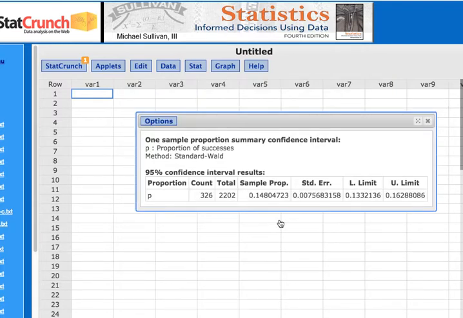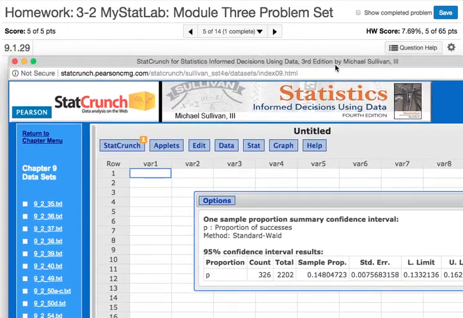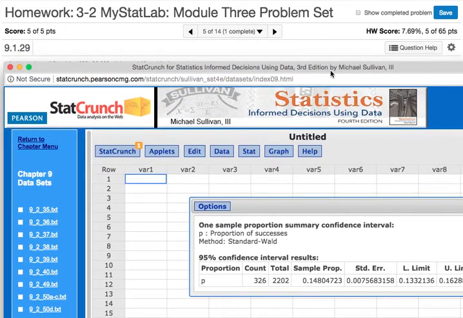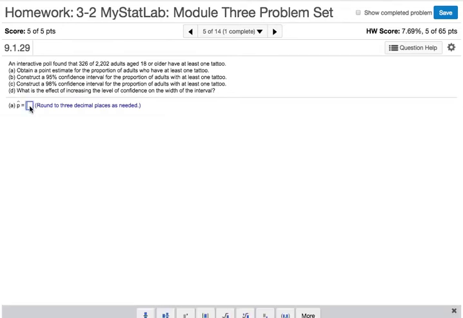So this gives me my sample proportion, and this gives me my lower and upper limit for a 95% confidence interval. So I'm going to go ahead and input that information. My sample proportion is 0.148 when I round to 3 decimal places. So let me try that out, 0.148.